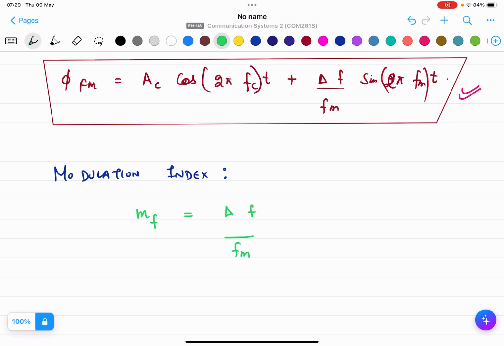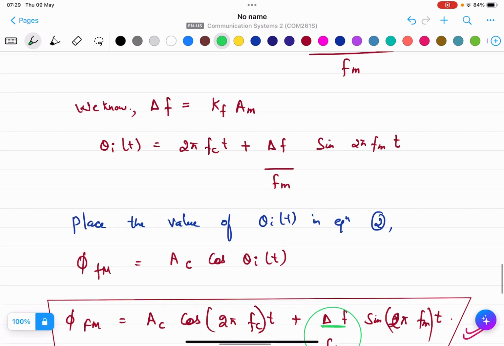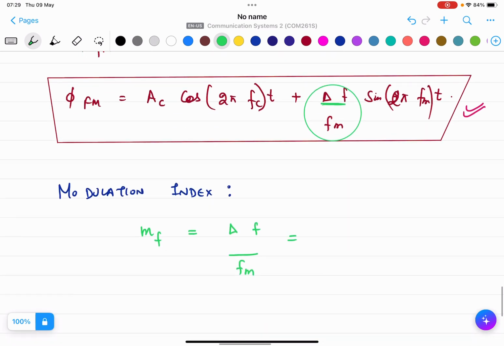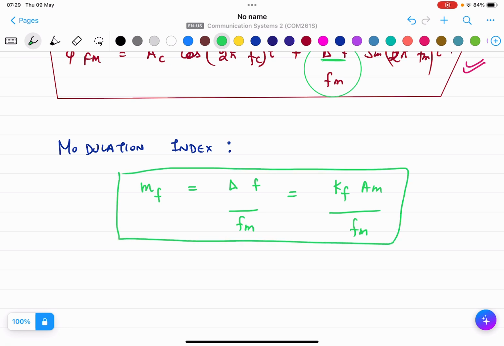So this term delta f over fm is basically our modulation index. And we know what delta f is, I explained it earlier: kf into am. So can I write it as kf into am over fm, right? So this is the formula for the modulation index.